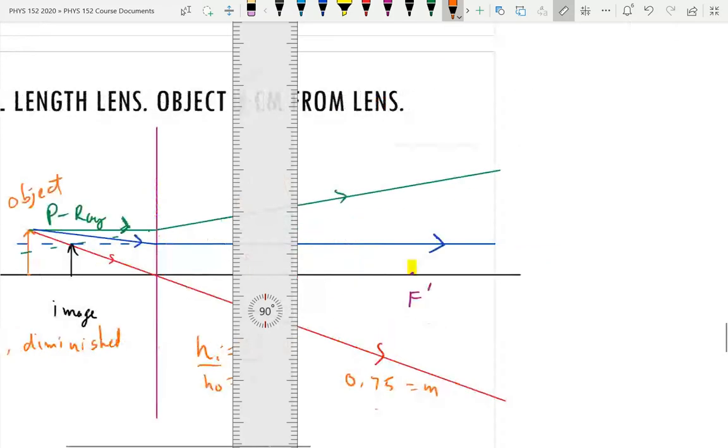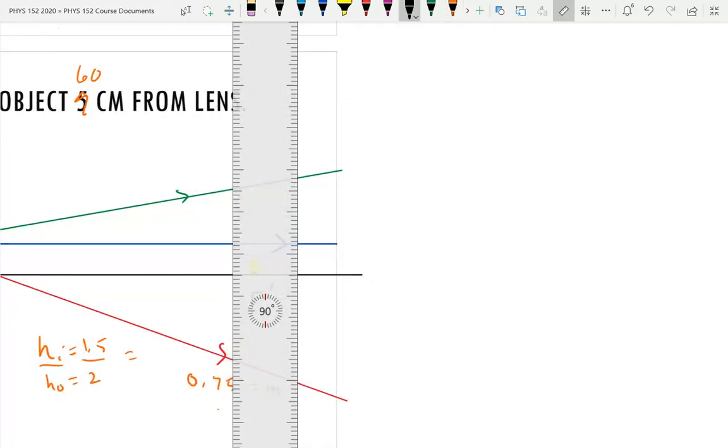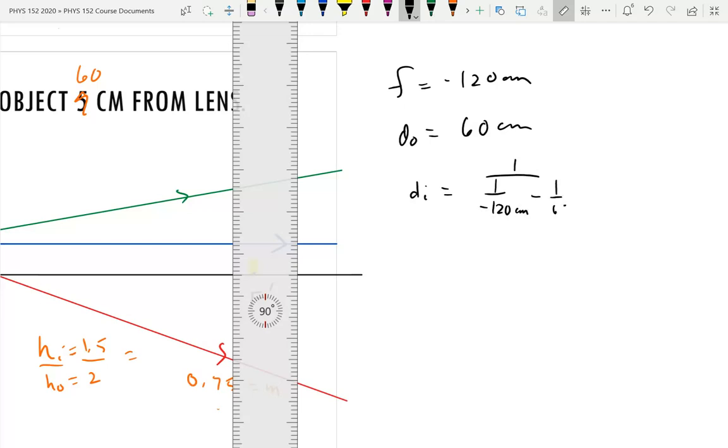Doing it mathematically, the focal length is minus 120 centimeters. Distance object is equal to 60 centimeters. Doing the same as I did before, distance image equals 1 over minus 120 centimeters minus 1 over 60 centimeters.